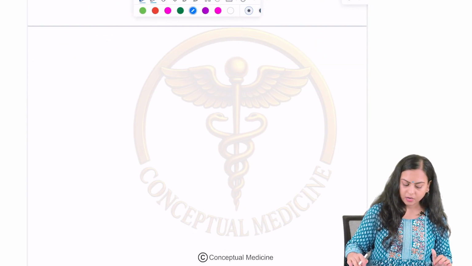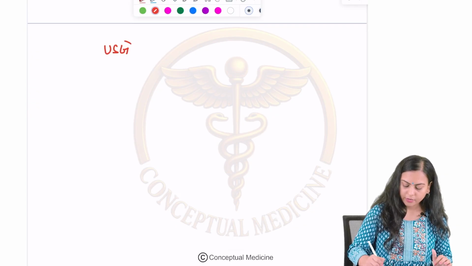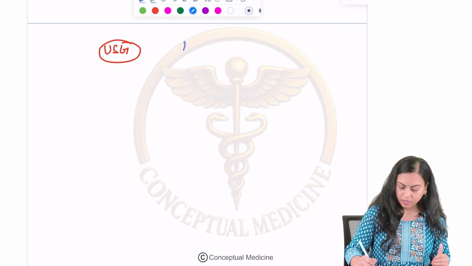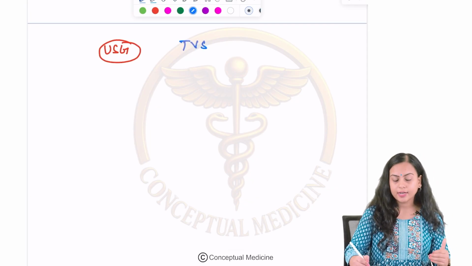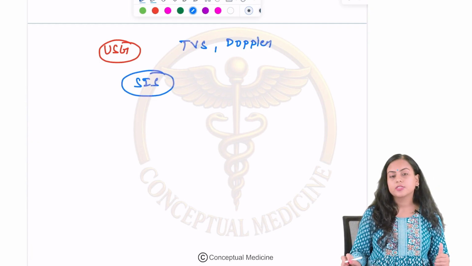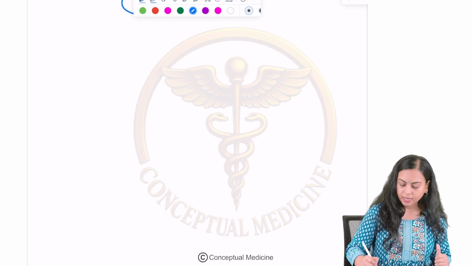Okay. Finally, investigations like ultrasonogram should be offered. It can be a transvaginal ultrasonogram. You can offer them Doppler as well, and saline infusion sonography can also be given. Okay.